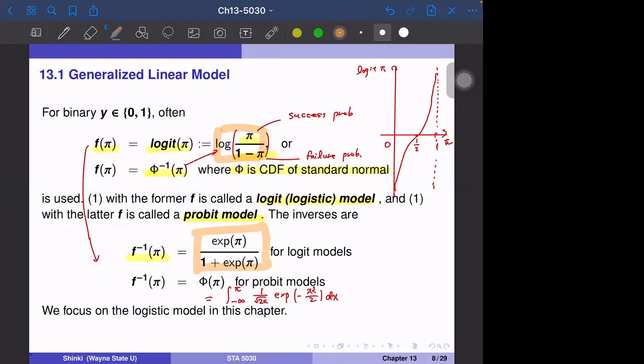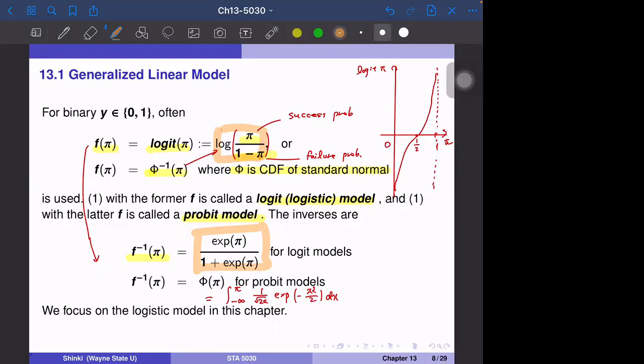And logistic regression is more robust against outliers compared to probit regression. Suppose we have a leverage point, and suppose larger X means higher success probability.